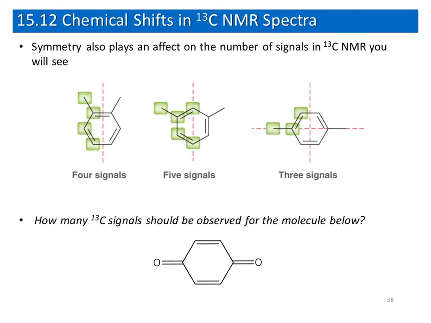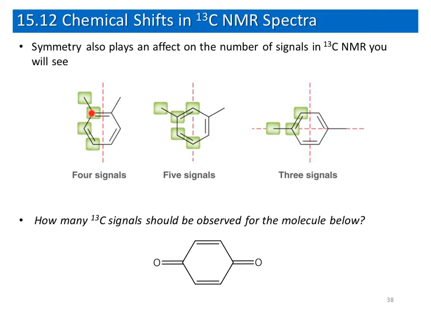Now, how can the symmetry influence the number of signals in carbon NMR? We can see symmetry in the same way that we saw in proton NMR. Now we are looking at carbons. If you look at the first structure, we have a plane of symmetry that passes through the molecule right here. This plane of symmetry makes these 2 methyls exactly the same. So we are going to see 1 signal for them.